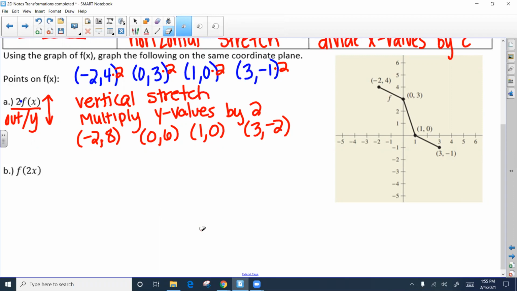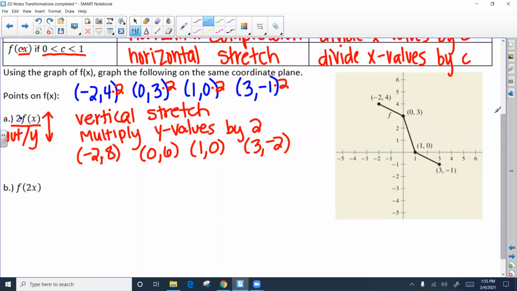Let's, of course, graph those so we can see how that looks on our graph. The point -2, 8: my graph right here only goes up to 6, so -2, 8 is going to be a little bit off my graph.